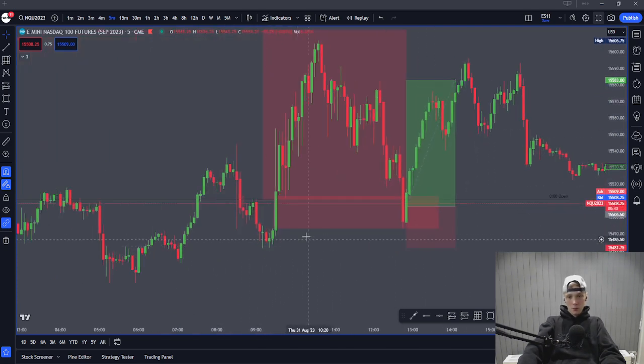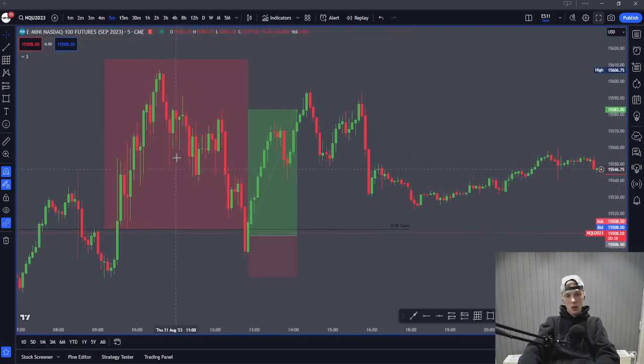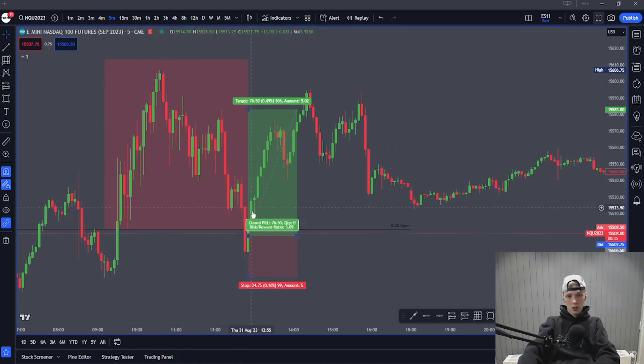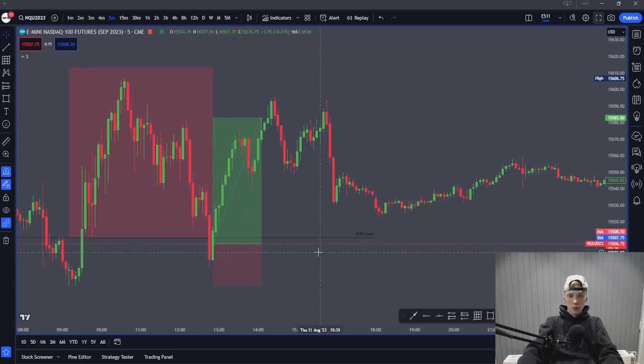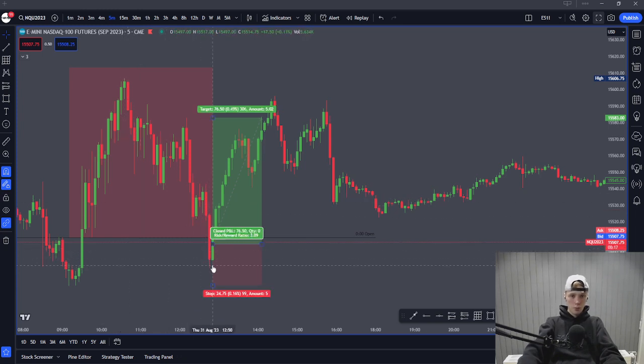So the power of 3 accumulates up here. This isn't accumulation for some, but this would be the accumulation of the power of 3. The power of 3 is accumulation, manipulation, distribution. So it accumulates above or below the midnight open. Then it manipulates to go the other way, above or below the midnight open.